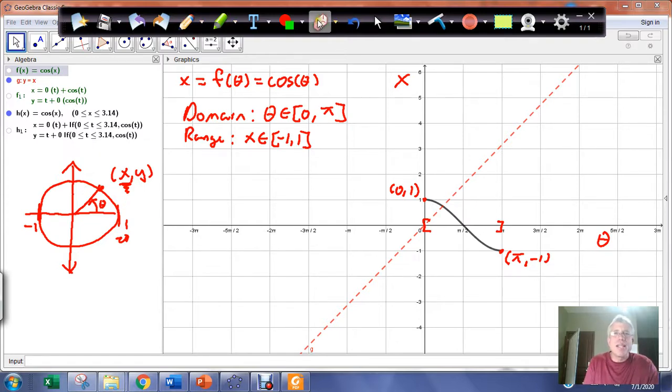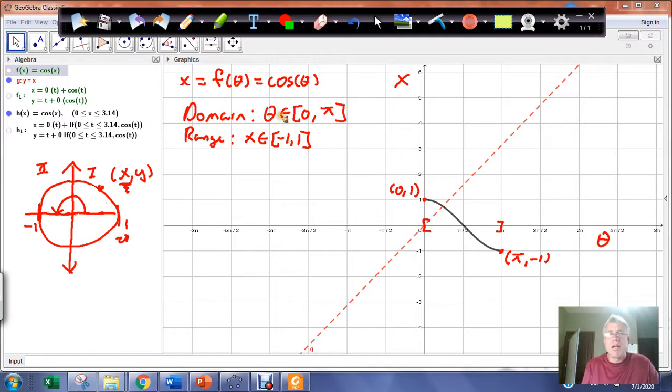And by restricting our domain from 0 to pi, we're saying we're going to allow for angles only in quadrants 1 and 2, and we're ignoring every other possible angle that exists.